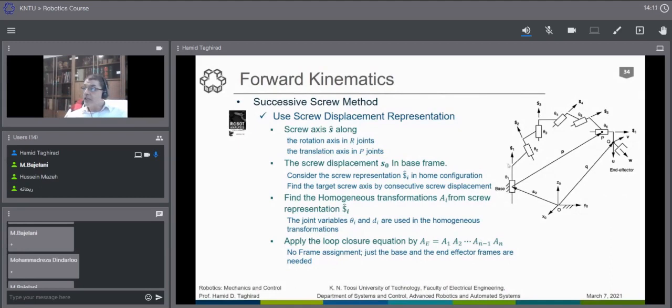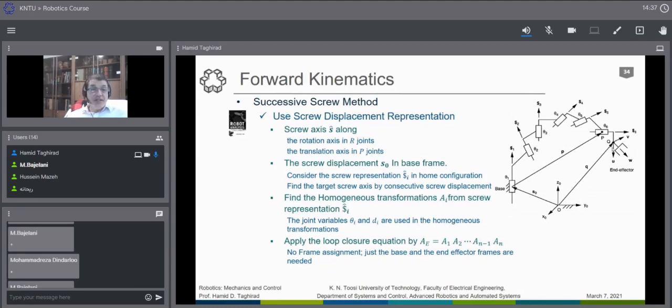So basically, this could be found for any kind of coordinate system that we have. This is not restricted to just the base coordinate frame, but we just need a coordinate frame to represent the screws and find the transformation. And furthermore, we need the end effector position and orientation as a frame.